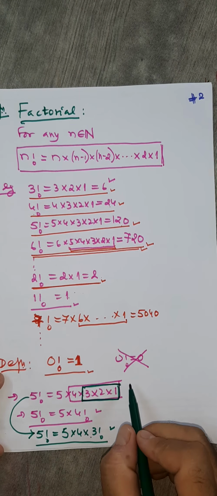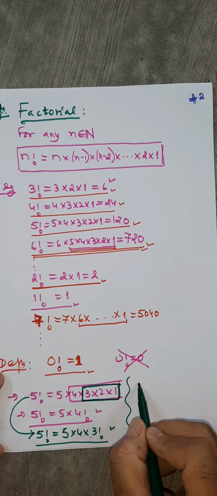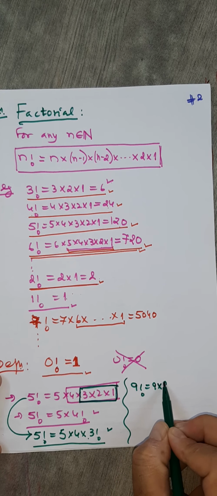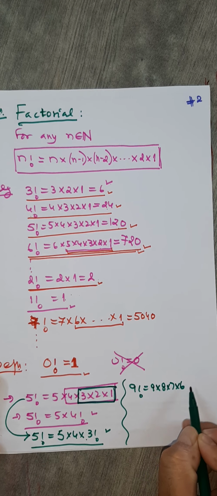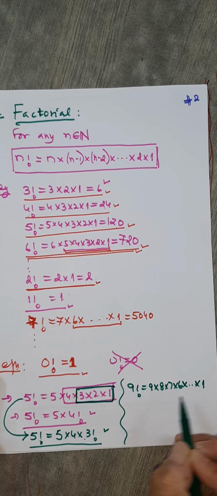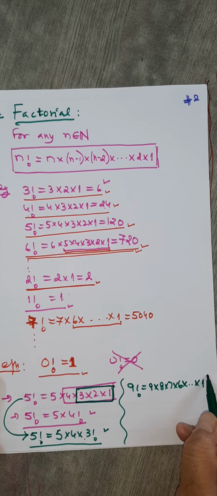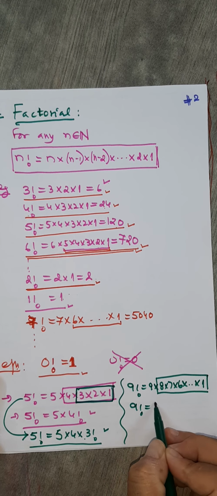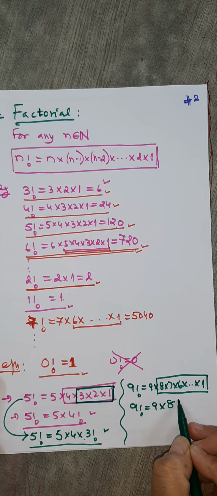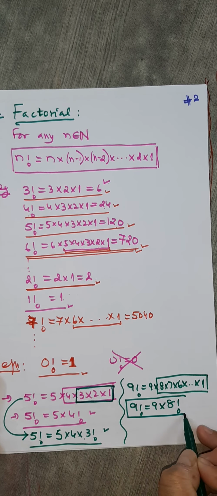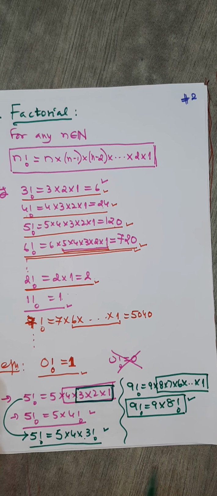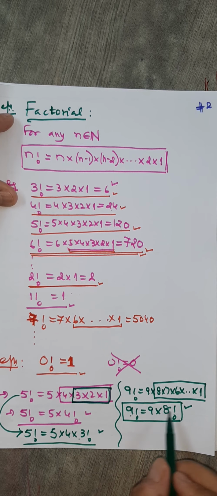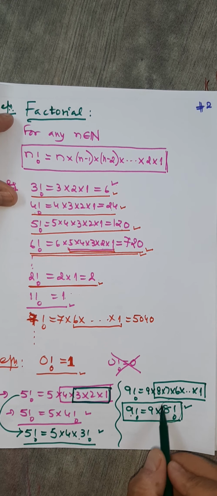For example, suppose I want 9 factorial. You can have 9 into 8 into 7 into 6 up to 1. Now I'll drop only 9. What is this? 1 to 8. So 9 factorial is nothing but 9 into 8 factorial. So I've expressed 9 factorial in terms of 8 factorial. Here is a result that says n factorial can be expressed in terms of n minus 1.